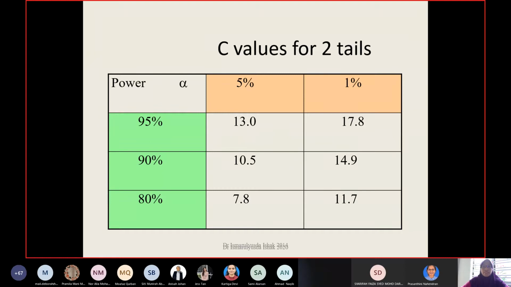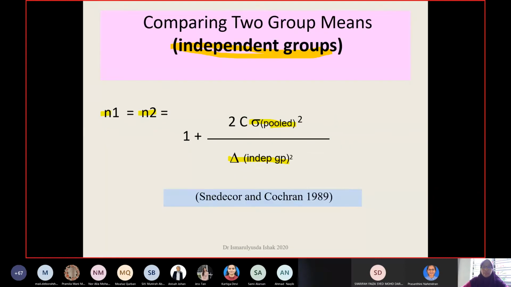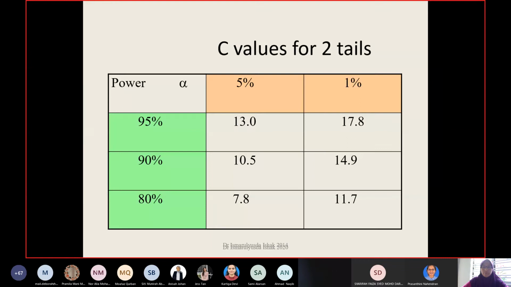The C value here is from this table. If you choose your alpha 5% and your power 80%, your C is 7.8.